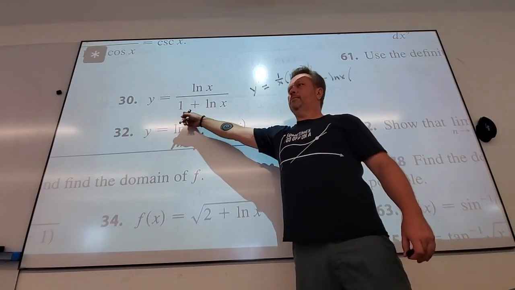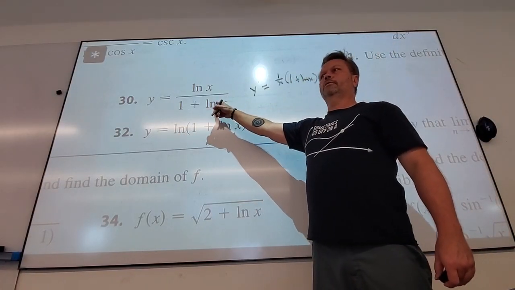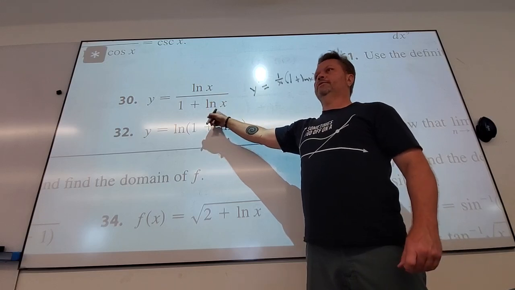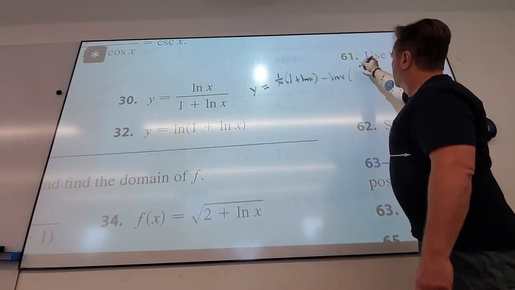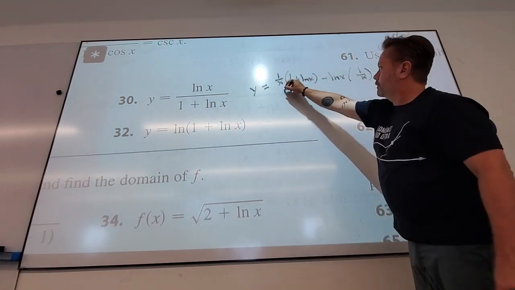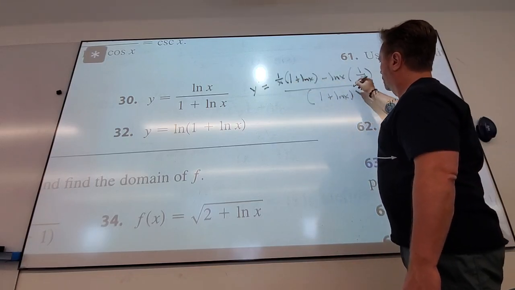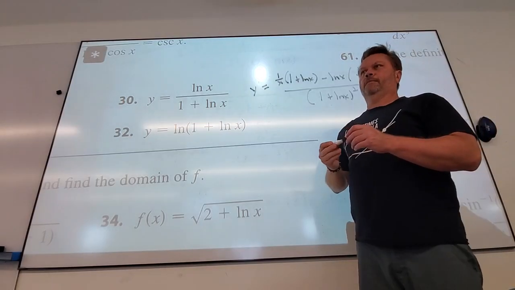And what would the derivative of the bottom be? ln x, 1 over x. Well, derivative of the bottom is just going to be 1 over x, yes? Is that cool? All over the bottom squared. And away you go.